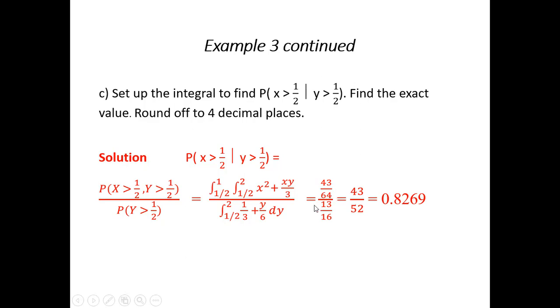Then we work out the denominator, going from 1/2 to 2. Notice that we are using the marginal PDF with respect to y here. I have the integral from 1/2 to 2 of 1/3 plus y over 6 dy.